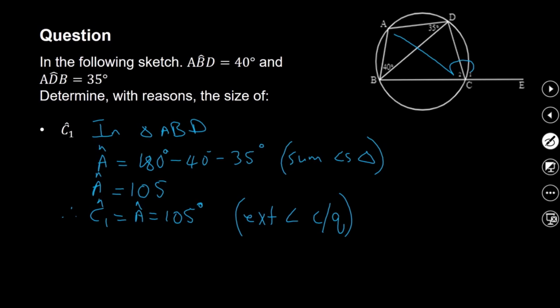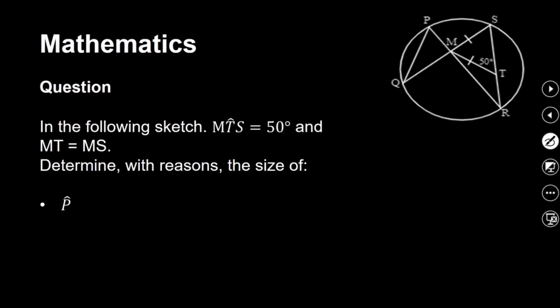I know that for a fact. Some people might want to first find C2 and then use angles on a straight line. Really, it's one and the same thing. For C2, you will say opposite or supplementary, find C1, and then solve that. But that's a longer route because there's already an exterior angle that I know about there.